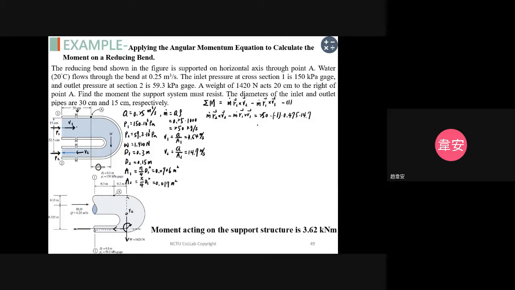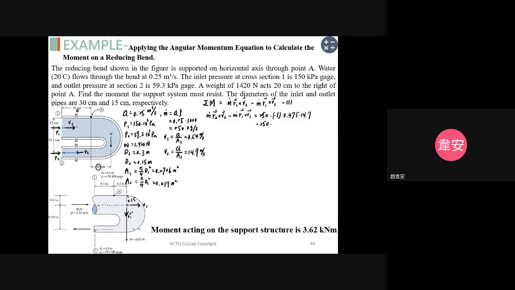And for the inflow, there is the minus M rate, which is 250. And where is R1? We take a look. This is the center line for the velocity, and this is the velocity V1 with the direction to the right. And this is the R1 vector. The distance for R1 here is 0.15 meters.